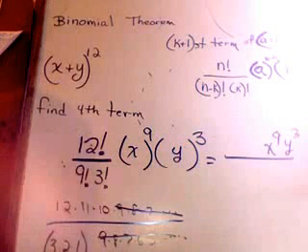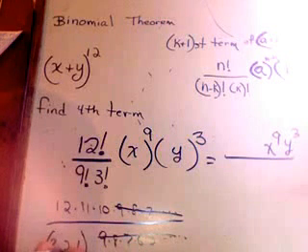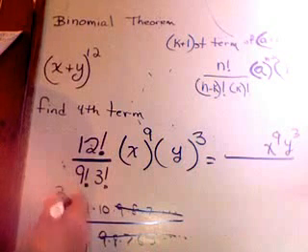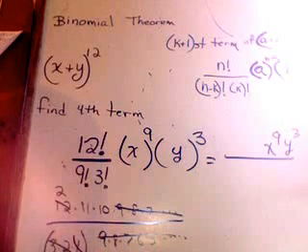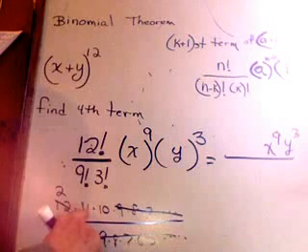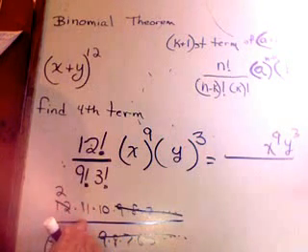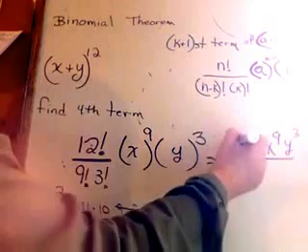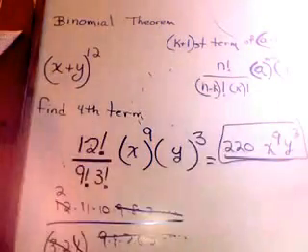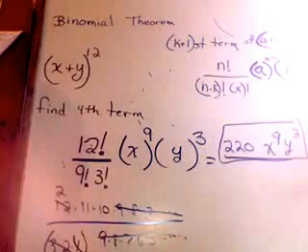So now all I have to deal with is this. Well, 3 times 2 is 6. 6 goes into 12 2 times. 1 I don't have to worry about. So the coefficient here becomes 2 times 11 is 22 times 10, 220. And there we have the coefficient of the fourth term.